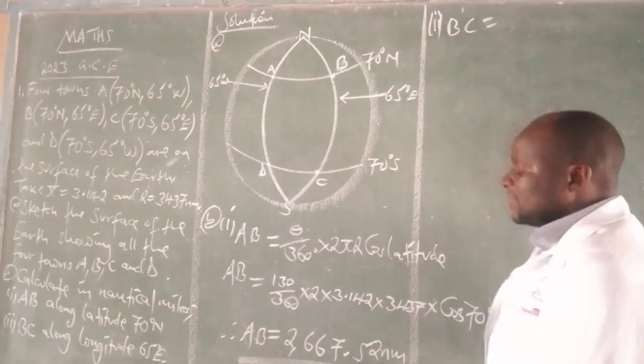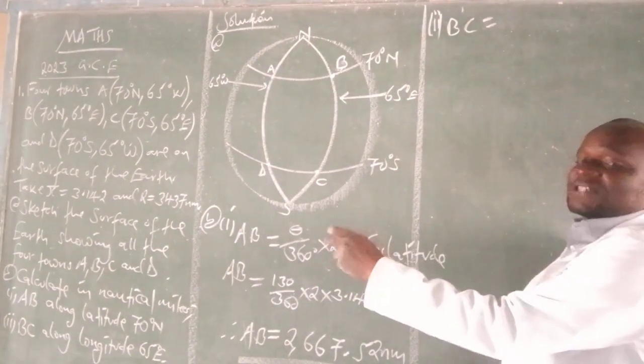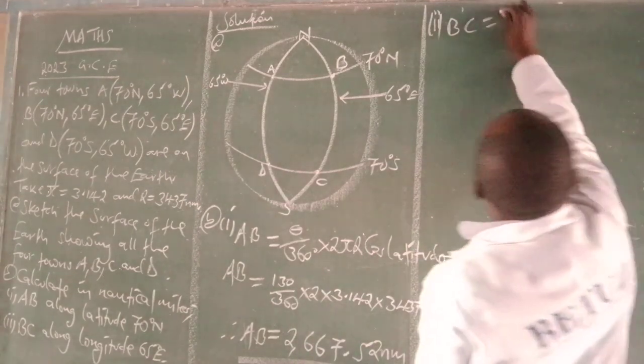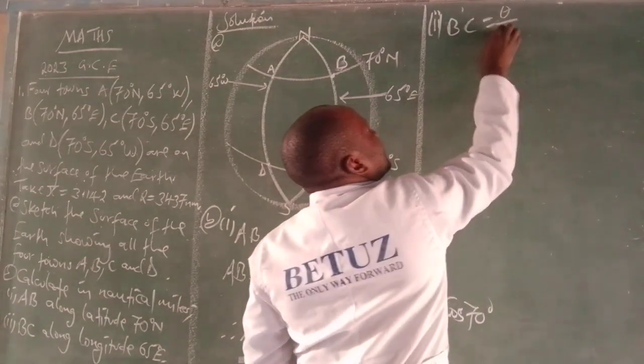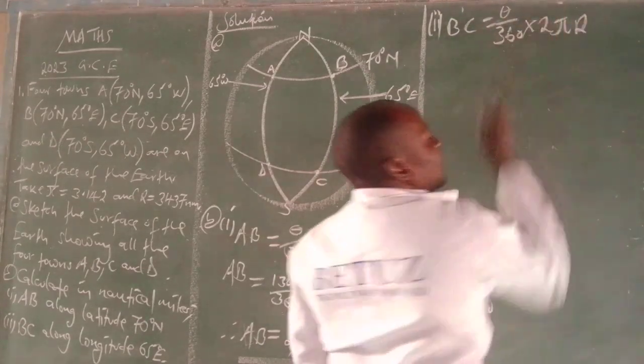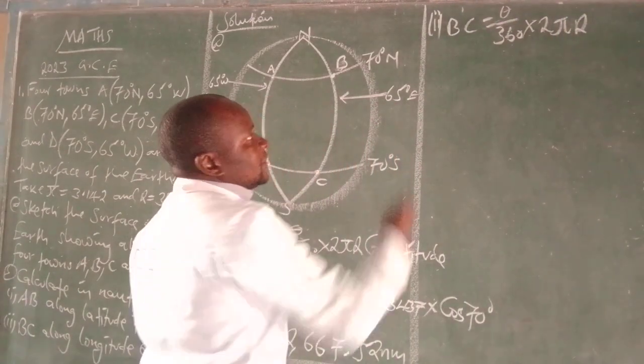So the formula is similar to the one for latitude, except that we will exclude cos latitude. So we're going to have theta divided by 360 multiplied by 2 pi capital R. That is the radius of the Earth.